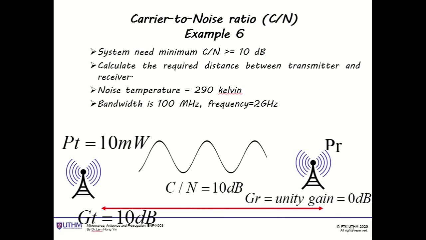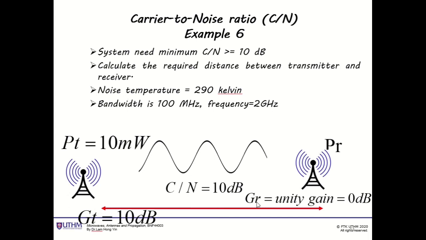For this example 6, you can try to do it by yourself. In this question, you are given the C over N equal to 10 dB, noise temperature 290 Kelvin, bandwidth 100 MHz, and frequency at 2 GHz. You need to calculate the required distance between the transmitter and receiver.